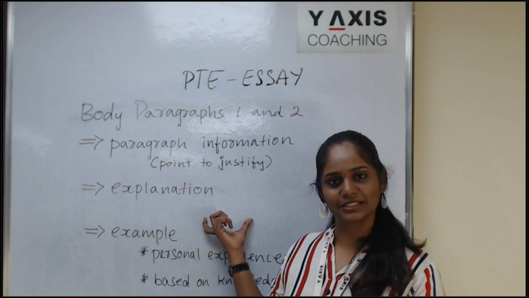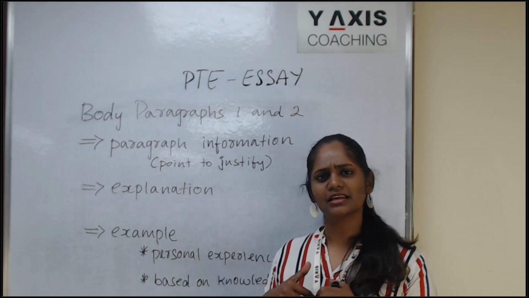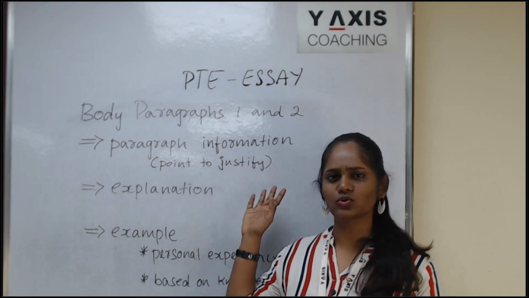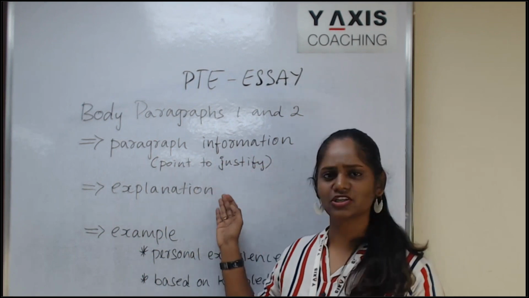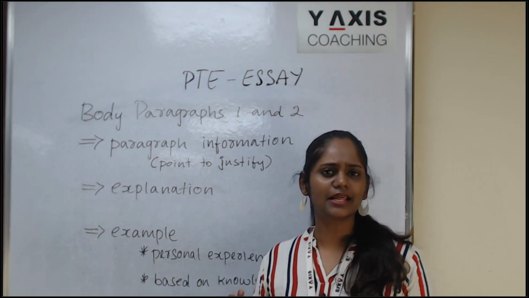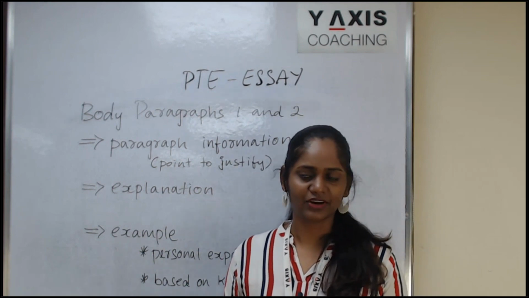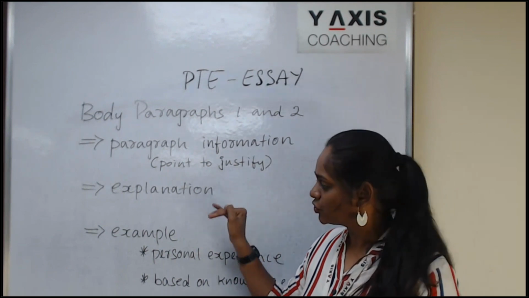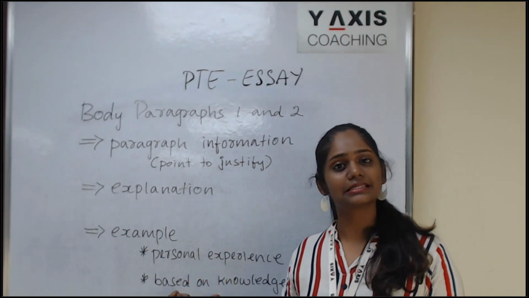For explanation, you can have any number of sentences, it doesn't matter. Even for paragraph information, 1 or 2 sentences will suffice. But for explanation, of course, you are explaining, so you can take more. Anything is fine. And once you're done with the explanation, you will have to include an example.